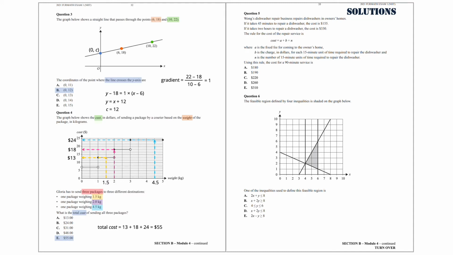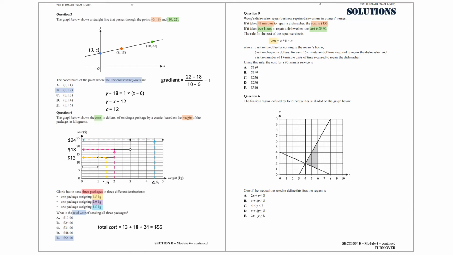Question 5. Wong's dishwasher repair business repairs dishwashers in owners' homes. If it takes 45 minutes to repair a dishwasher, the cost is $155. If it takes 2 hours to repair a dishwasher, the cost is $330.